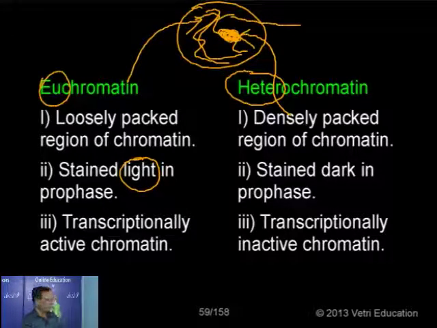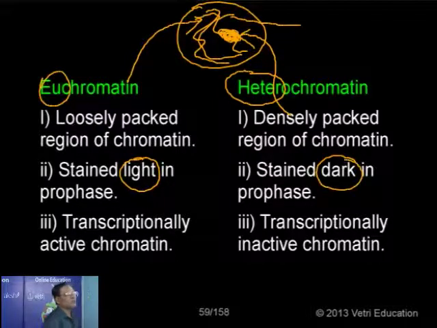They are stained light. But heterochromatin is stained dark. So: loosely packed, densely packed, and then lightly stained and darkly stained.